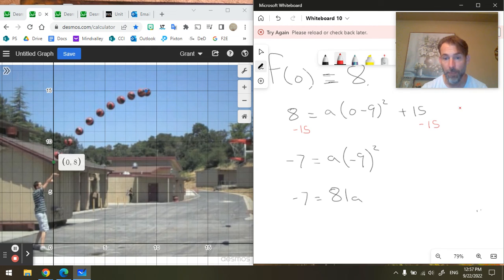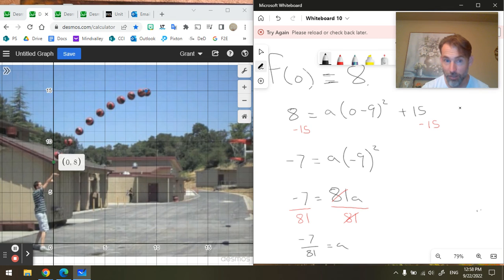Now, same idea. I'm just going to divide this 81 away from both sides. All right. And then this 81 cancels that 81. And I found a. -7 over 81 equals a. All right.